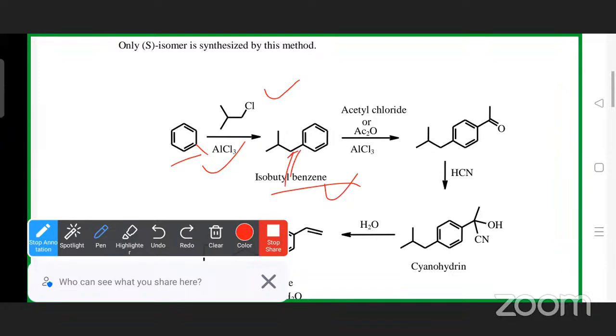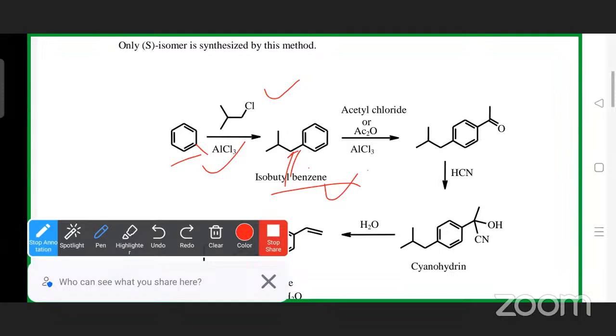On doing the hydrolysis, the cyanide group is converting into carboxylic acid.